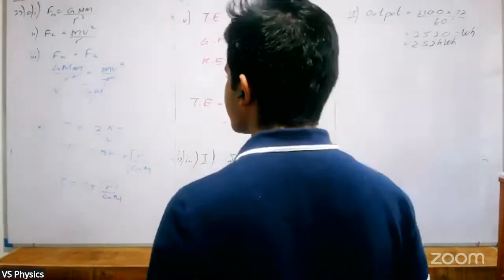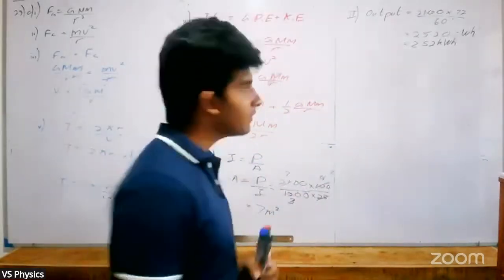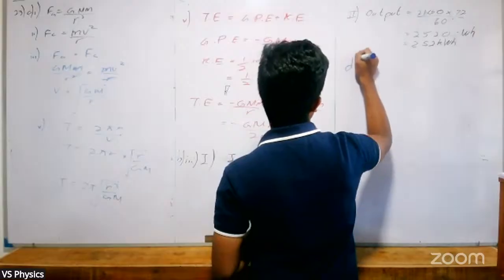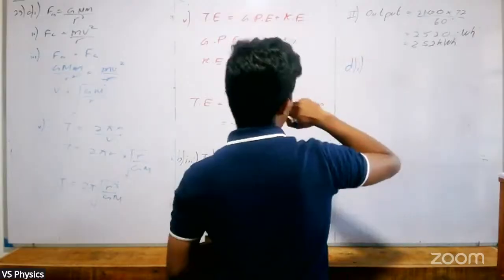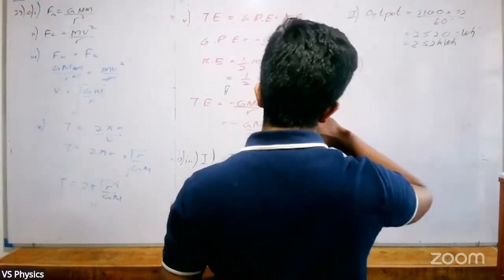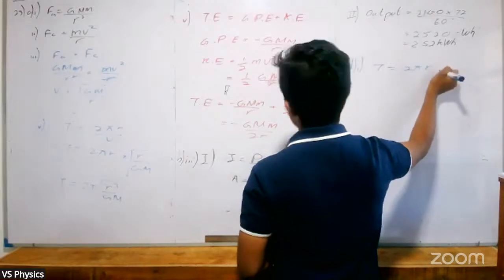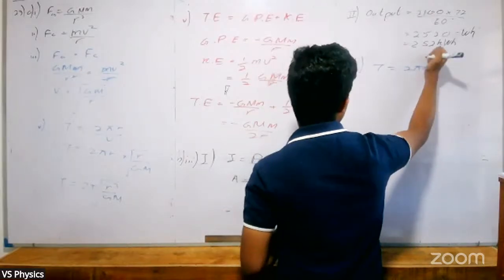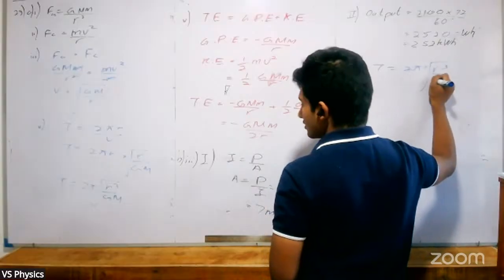So let's do that. That is D1, right? T is equal to 2 pi, actually no, 2 pi root of R cube divided by GM.